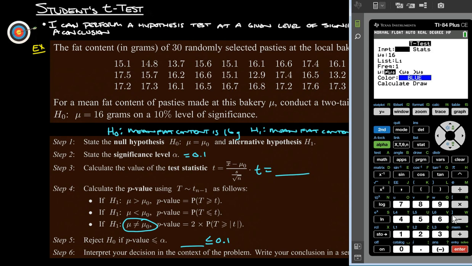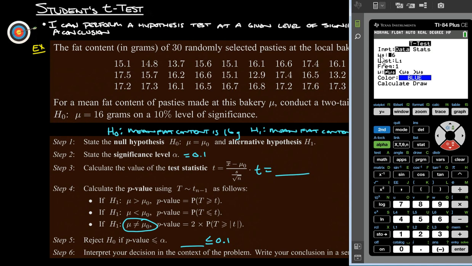Push enter. Now we actually have the raw data option, because it used to be in stats, where we had to enter all this stuff in, but now since we have the raw data, it's actually going to calculate some of that stuff for us. It even tells us the H0 is 16 grams.